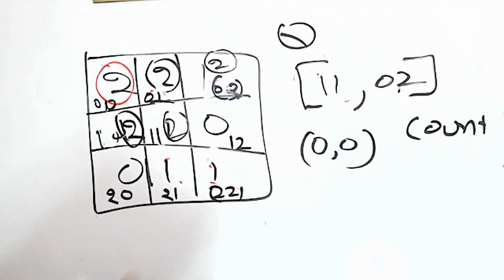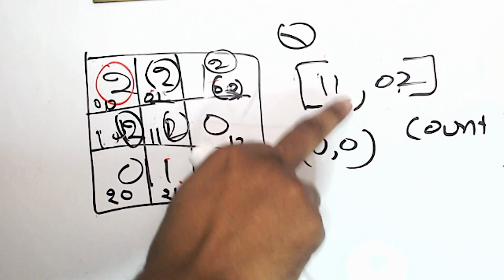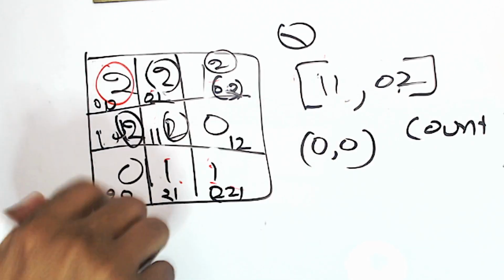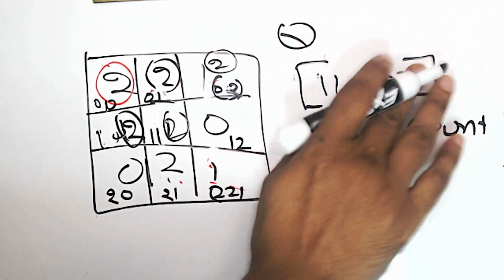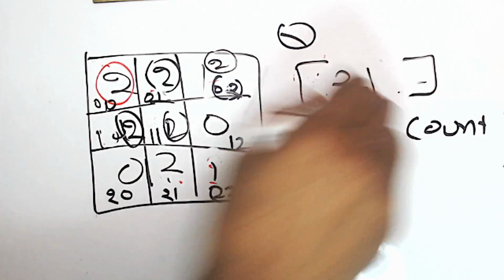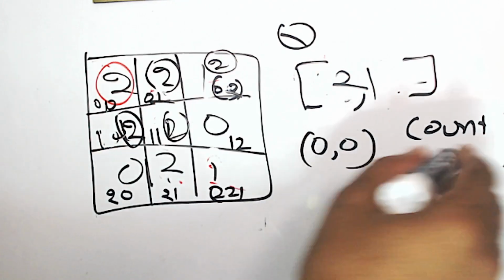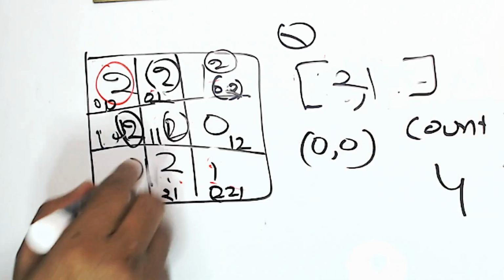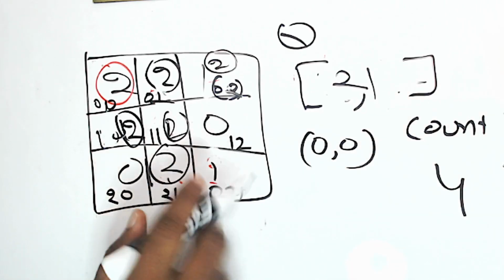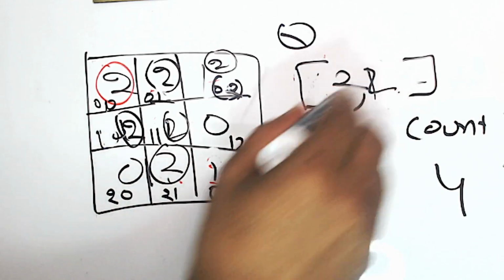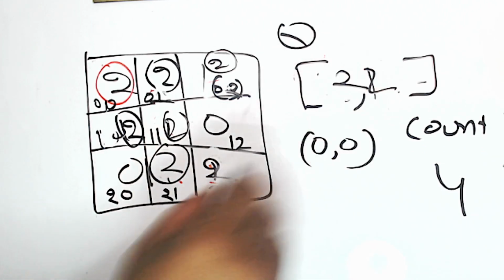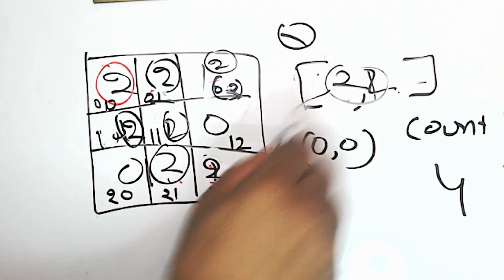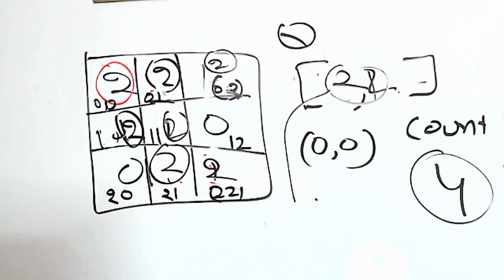The third time I pop whatever is in the queue and process it. At that time I get only 1, I make that 2 and push it, and the count becomes 3. When the count becomes 4, I process this one and push 2 2, and then I pop it and process it, and by that time our count becomes 4.